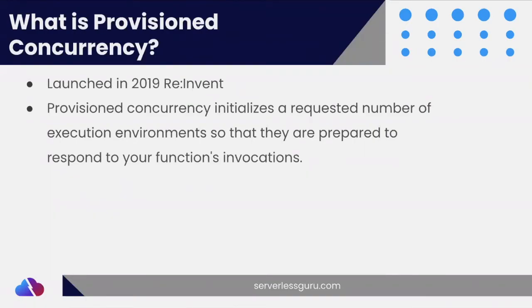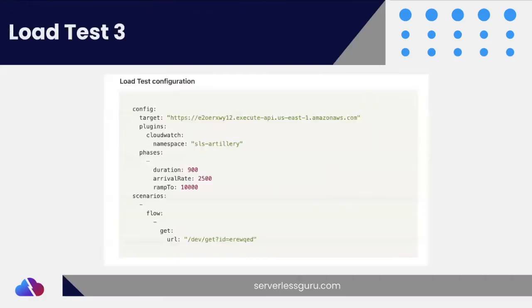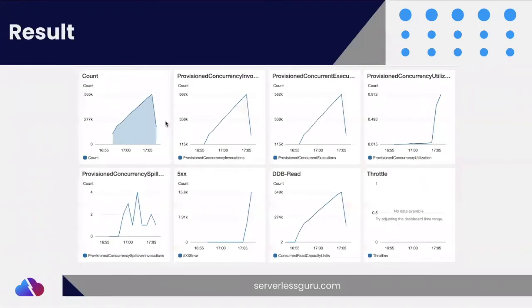So we tried to enable that. We enabled a provisioned concurrency of 10,000 on the particular function, and we ran the same load test against the application. Let's see what the result was. During this period of 15 minutes, it created around 9,000 concurrent requests.